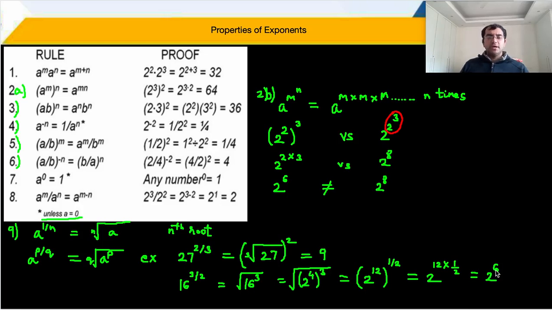So in the main property number 9, you can use the fractional power first or you can use the main power first. So in this slide what we have done is we've looked at जब base same होता है then multiplication में powers add हो जाती हैं, division में powers subtract हो जाती हैं in property number 1 and 8. We've seen the significance of a bracket in property number 2a and 2b.